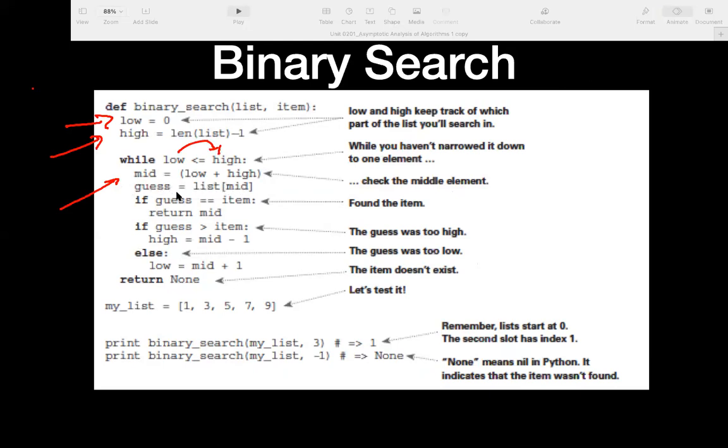Then we try to find out if this is equal to the item we are searching for or not. If it is equal, we say that it is lying in the middle. If it is greater than the item, then we move towards the higher side. We change this value, and otherwise we move in the lower direction. And then if nothing happens, we return None.